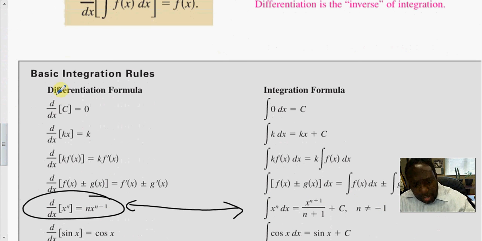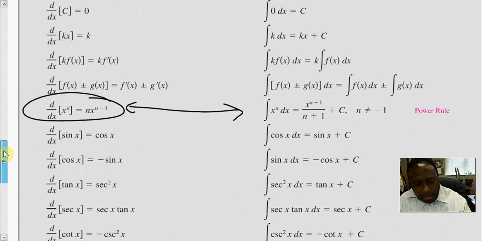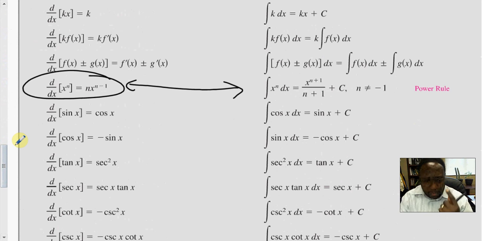So you see the basic differentiation rules for taking the derivative of certain functions. Coupled with it would be its antiderivative or integration. So the integral takes the result of the derivative and gives you back again the original function if you look at the two as being inverses of each other.